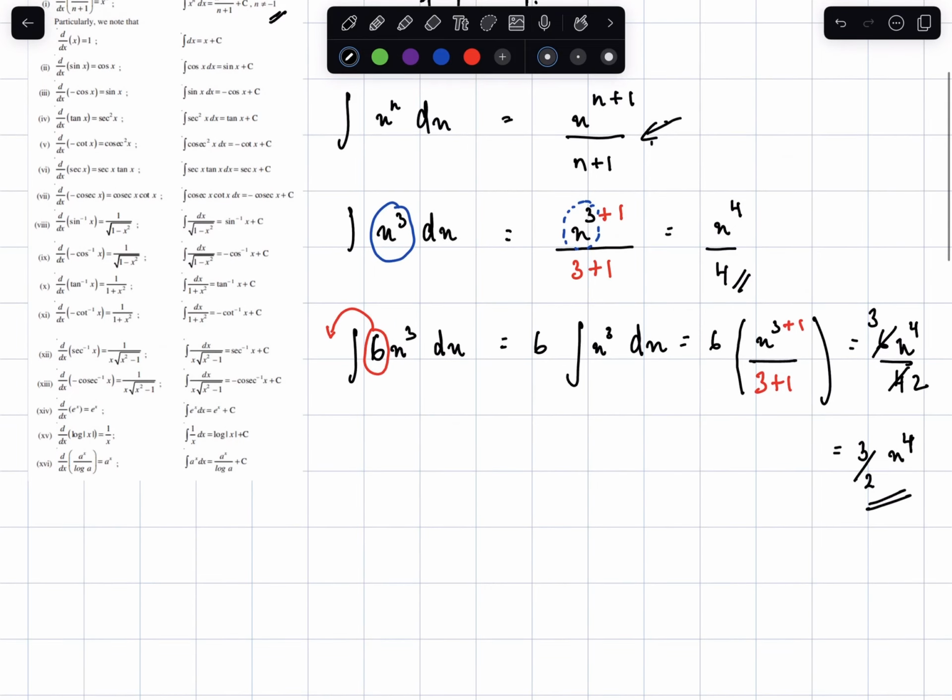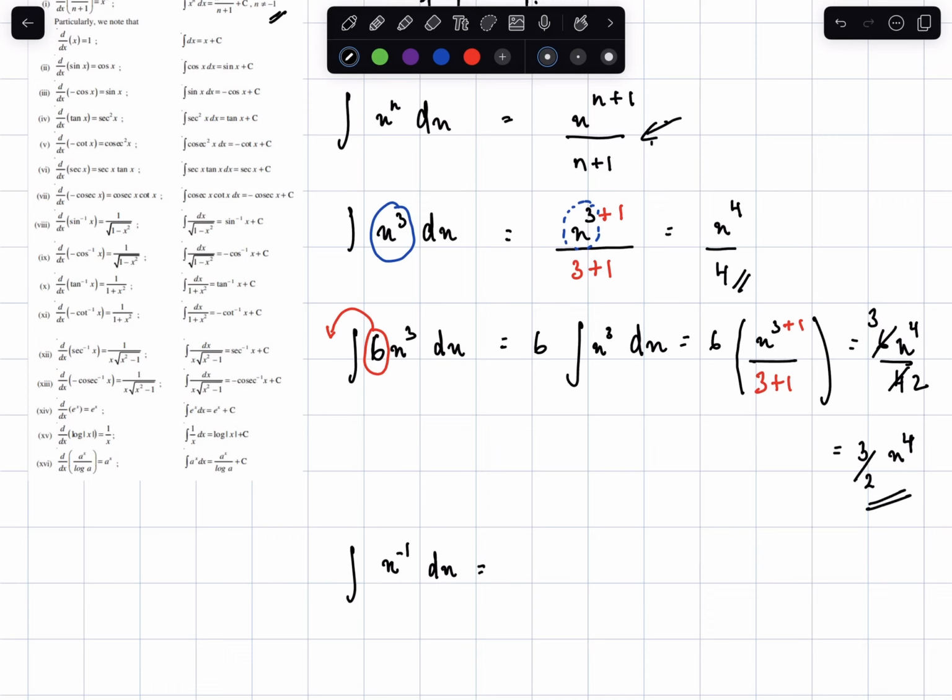Now let's see an interesting case where the power is -1. So let's do that again. Integral of x raised to the power -1 dx. Never forget the dx. So how do we do this?